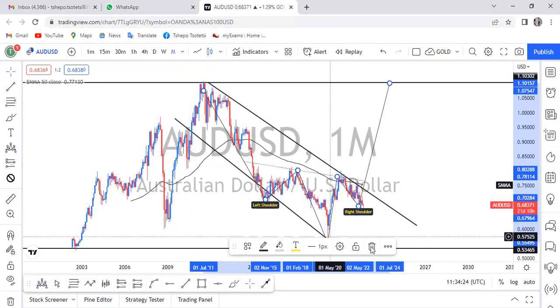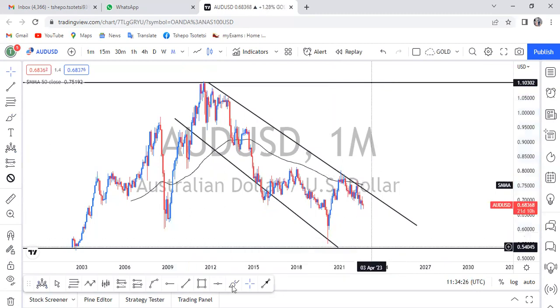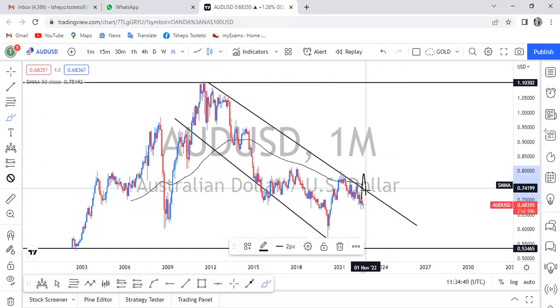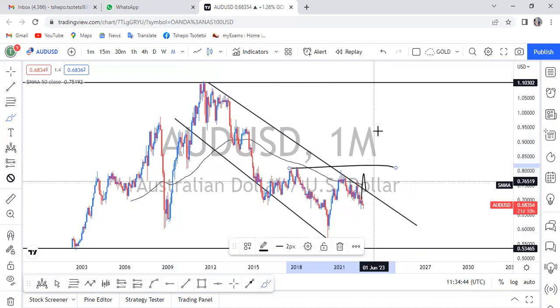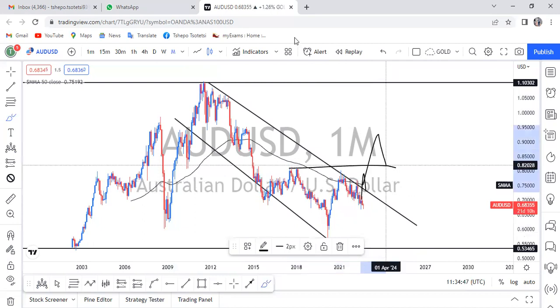So I said you wait for price to cross our moving average, and cross our resisting trend line, then you take your entry. Here is the neckline. You can also wait for price to cross the neckline, retest, and take your entry.